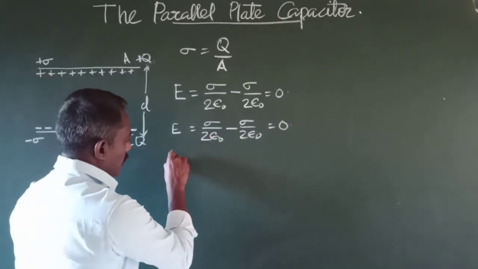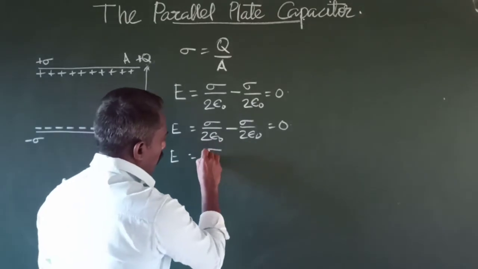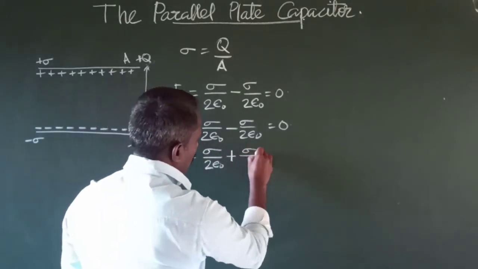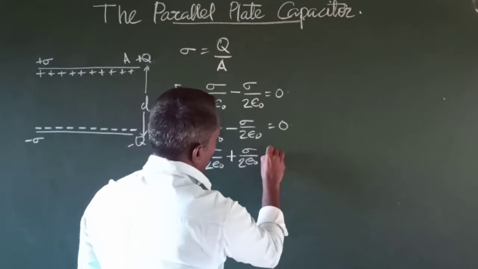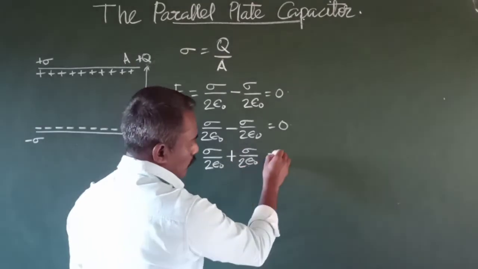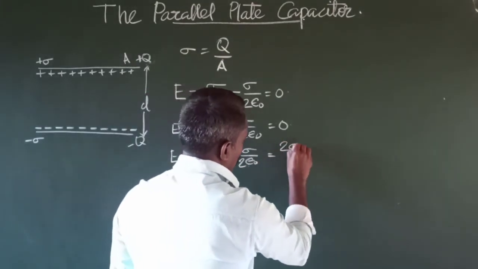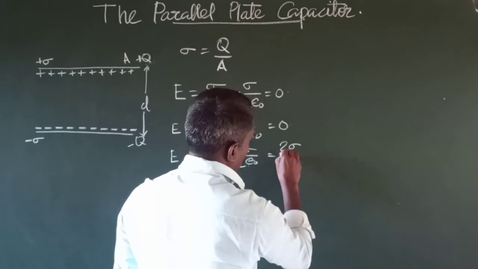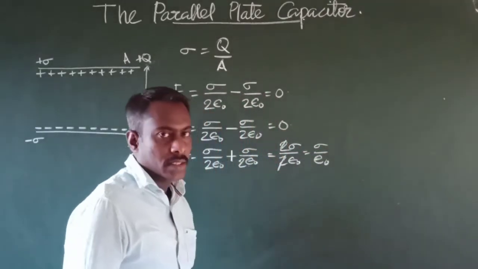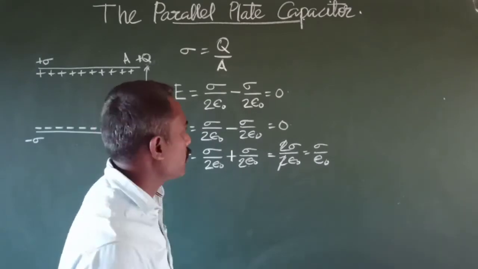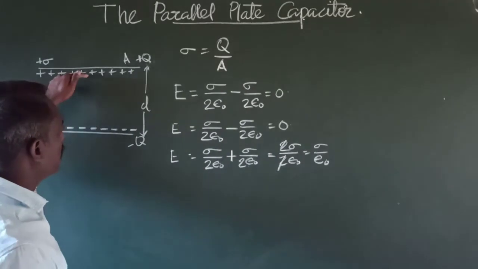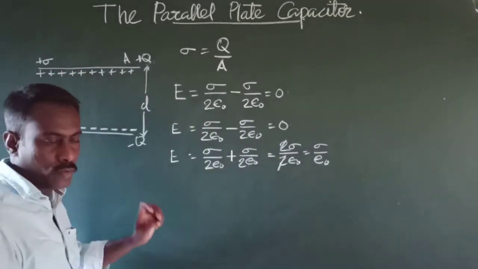E is equal to sigma divided by 2 epsilon 0 plus sigma divided by 2 epsilon 0, that is equal to 2 sigma divided by 2 epsilon 0, then the 2 cancels. So sigma divided by epsilon 0 is the magnitude of the net electric field in the inner region of the two plates.